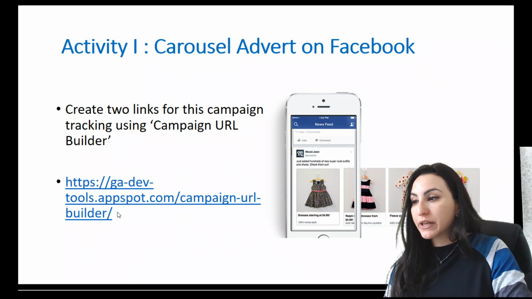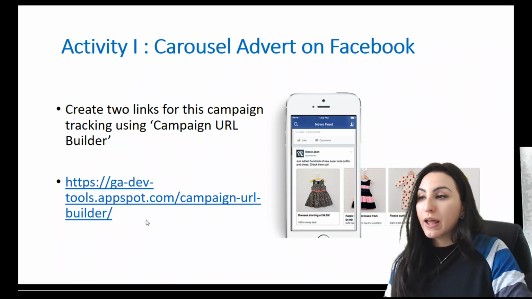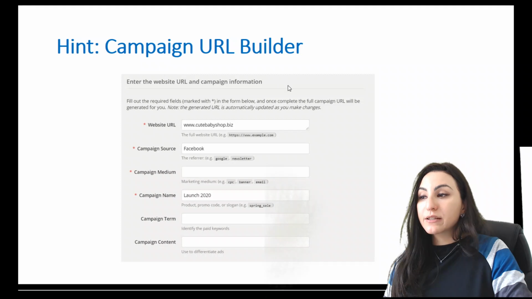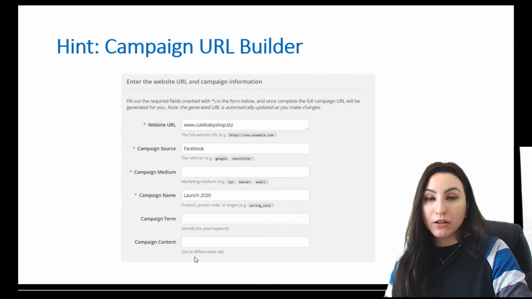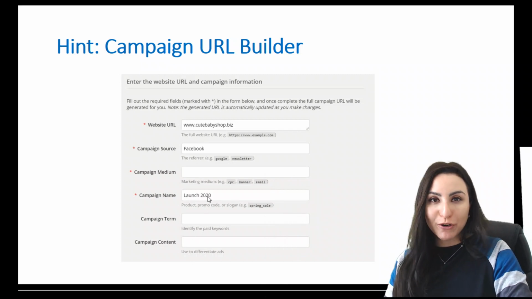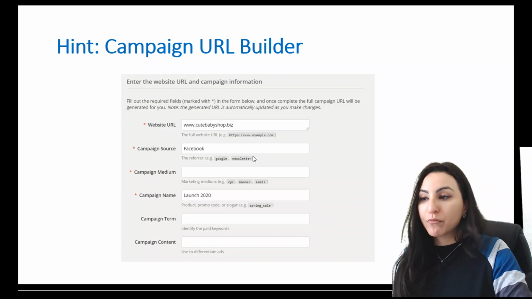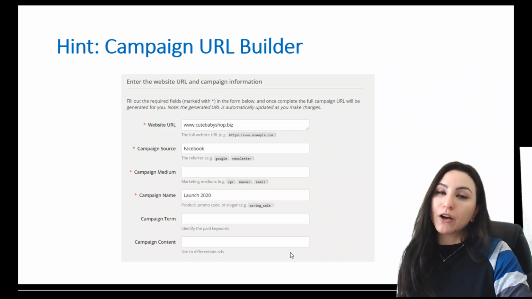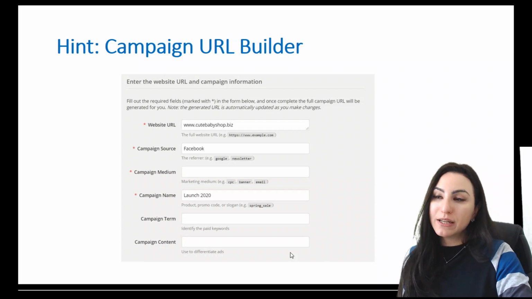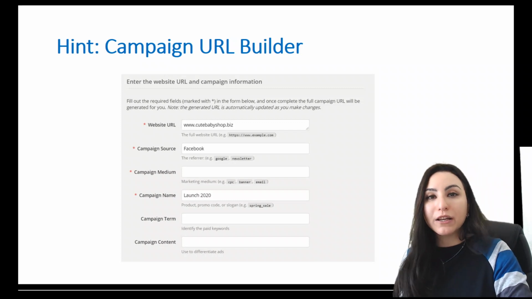So go into this campaign URL builder and take a snapshot with this all completed. You can put launch 2021 if you want, and complete these fields accordingly. I hope this will be an easy exercise based on the explanation provided in this video. I'll see you guys in the next video.